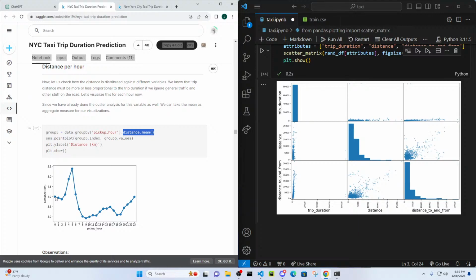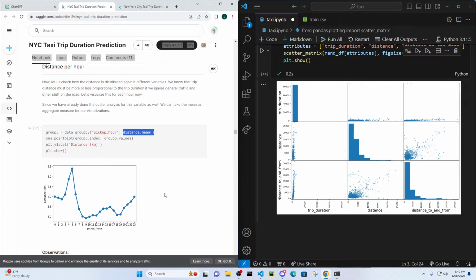I guess you could say everywhere from midnight to 6, it's got a flat line and then a spike here, and then it's pretty steady distance down here, 3 kilometers to 3.5 kilometers throughout the rest of the day, throughout the busy hours. But it seems like during the slower hours, you're going to get longer trips.